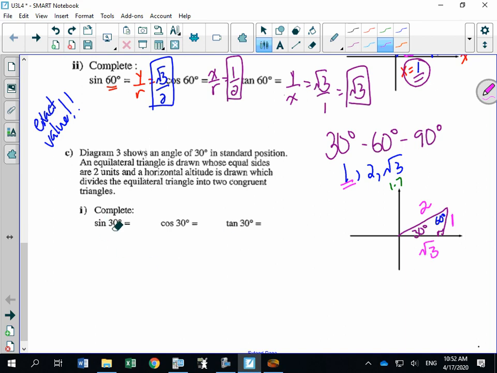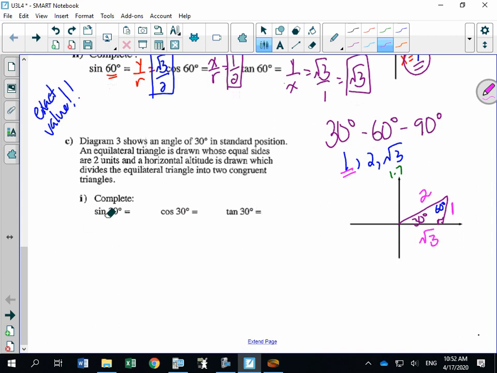Now we could do our sine of 30, our cos of 30, and our tan of 30. So sine of 30 degrees, sine is 7 yellow rabbits. Sine of 30 degrees is y over r, which would be 1 over 2.